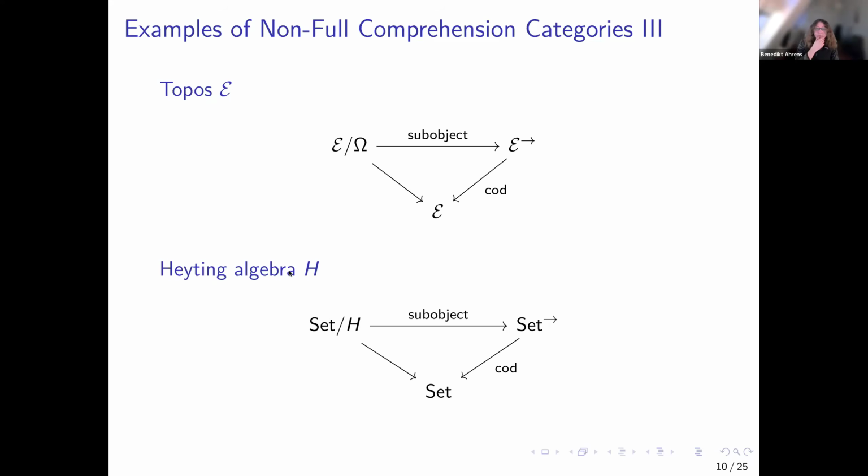We can look at other non-full comprehension categories. If we take a topos E, then we can build the following comprehension category.